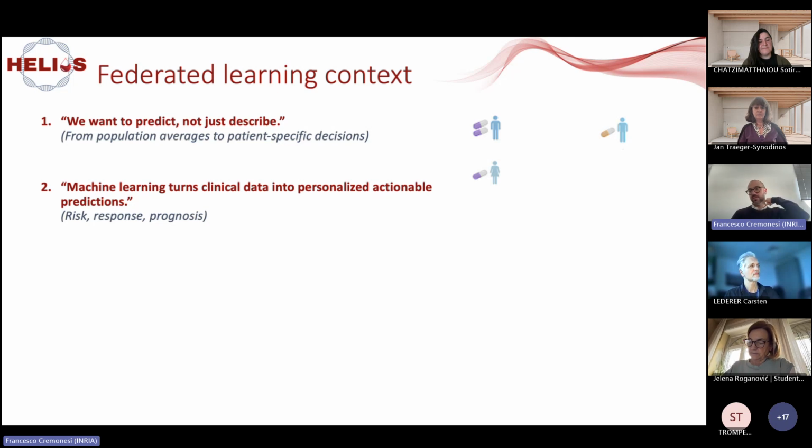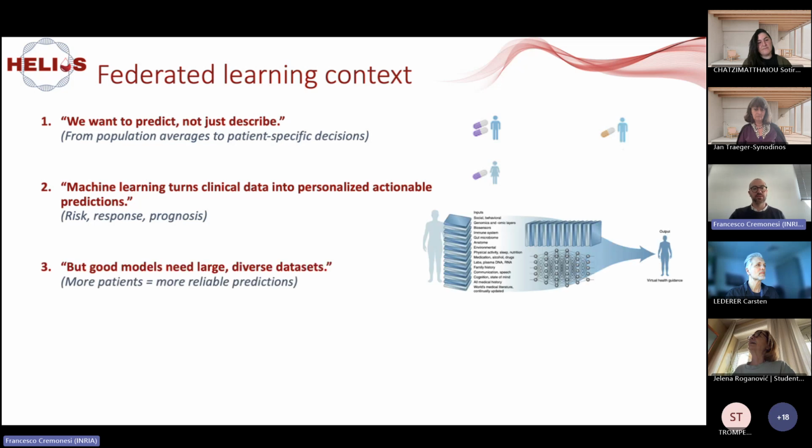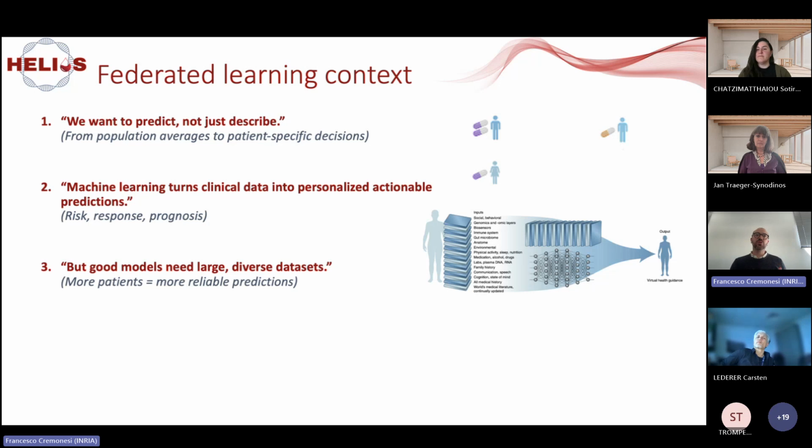The idea really is to revisit old problems, like predicting treatment response or prognosis and so on, in the light of these novel learning approaches that offer more personalized solutions. But to achieve this goal, we need something that was maybe still needed for classical statistics, but not so much, which is very good, large, diverse data sets.